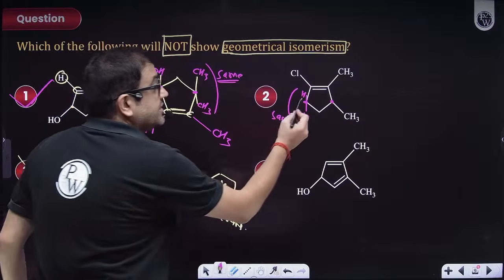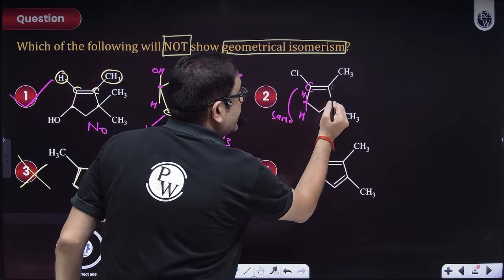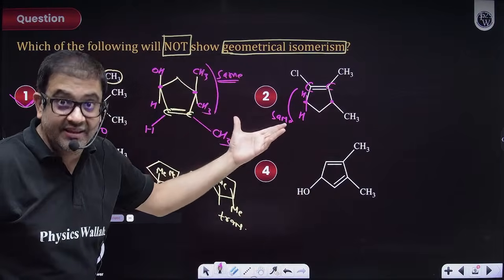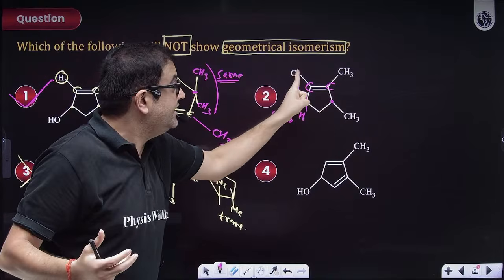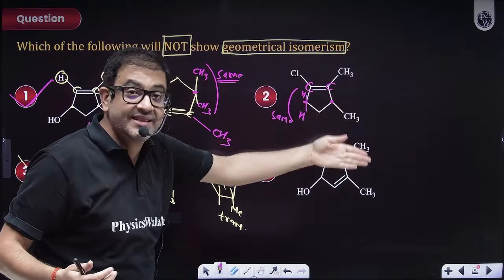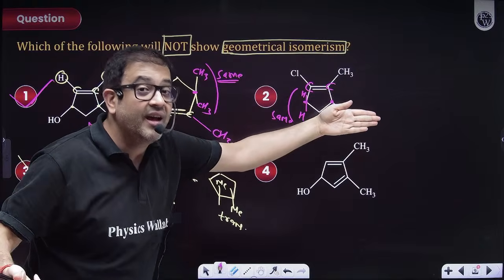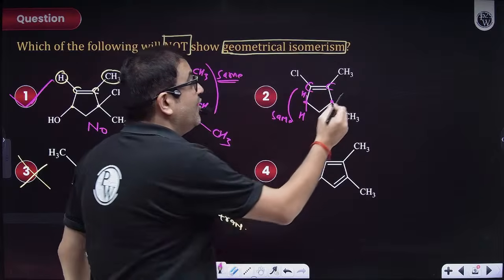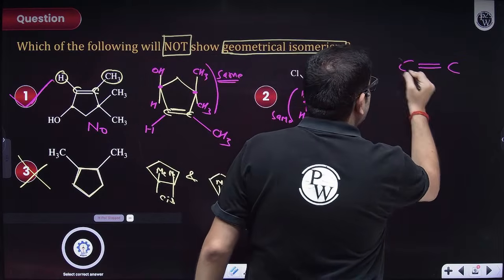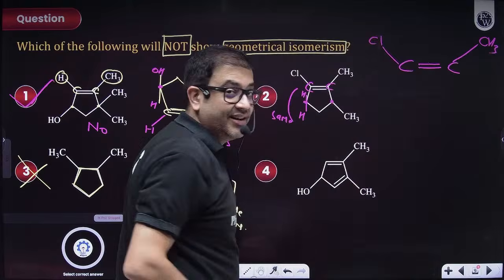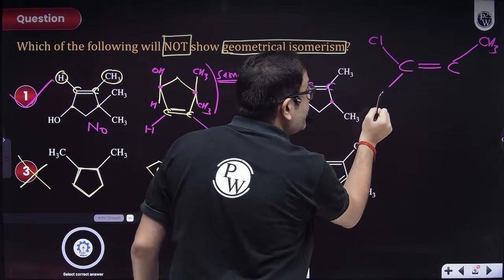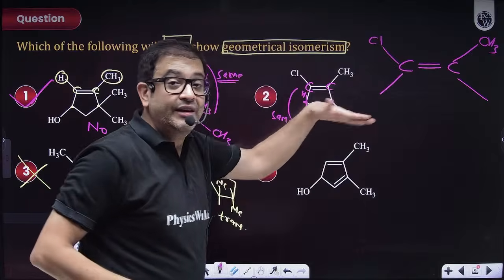And sir, if we just check for this, how can you draw it? The environment says that this chlorine and this CH3 are on the same plane, they can't be up and down. And for an alkene also, you can draw this Cl and CH3. So this alkene is also geometrically active, but beta, it should have different groups, no?